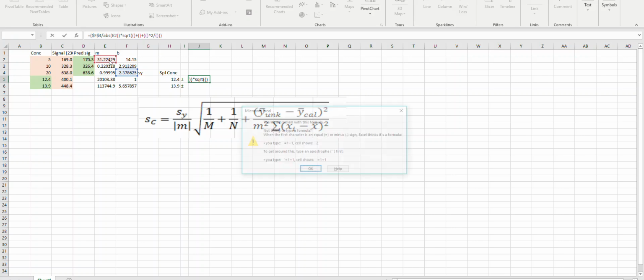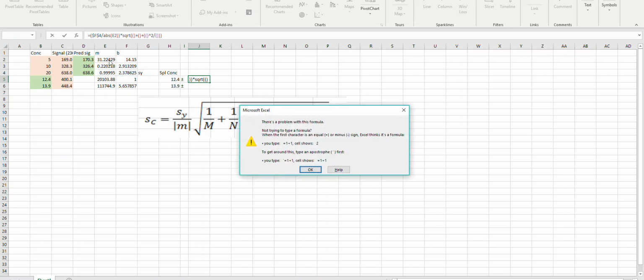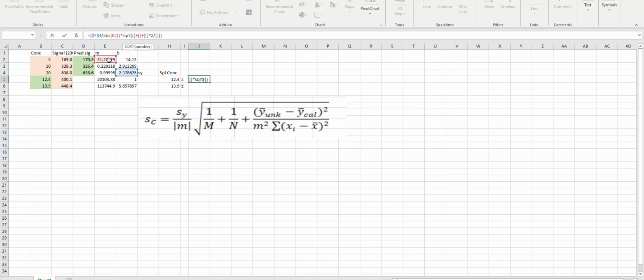And then we're going to take it. Now we're going to do the square root of 1 divided by 1, right? That's because M is the number of replicate measurements we made of Y. And 1 over N is 1 over 3, because there's 3 cal points. And now Y unknown minus average of Y cal.